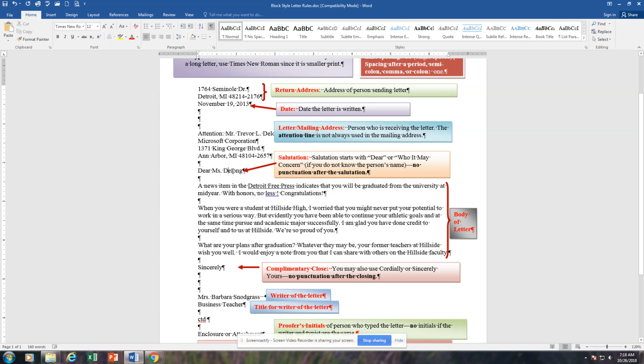A lot of career women will use their original name, or they will keep the married name, but they will use Ms. instead of Mrs. So they kind of keep a separate identity. So if you do not know if they're married or single, for women, it'll be Ms., period.